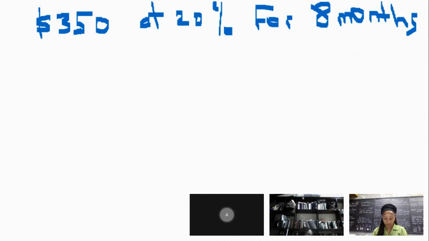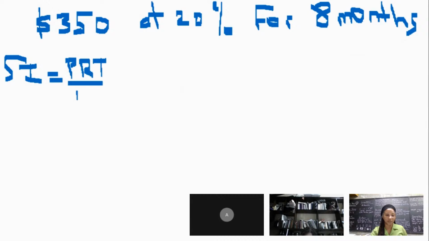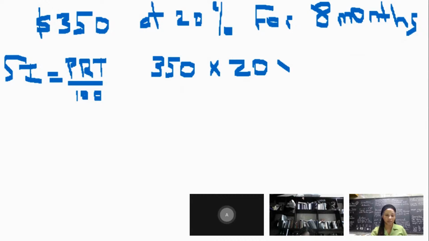So the simple interest is equal to 350 multiplied by 20 multiplied by 0.25. So principal times rate times time over 100. So you're saying 350 times 20 times 0.25.